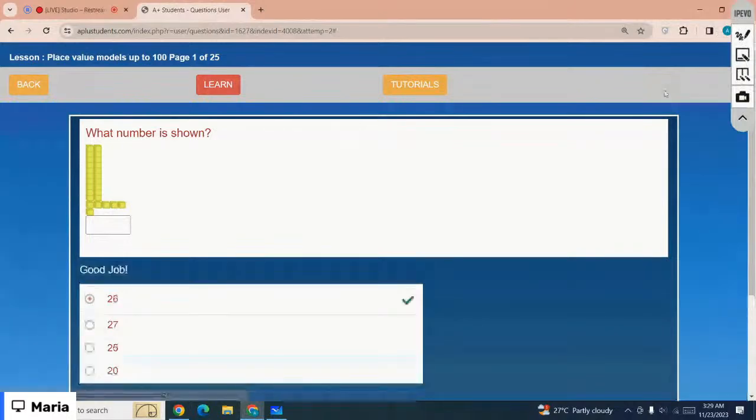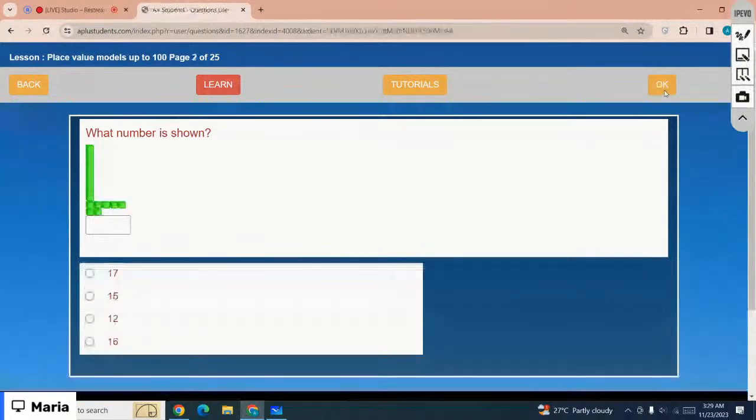Okay, the next one is what number is shown, which is the correct option?